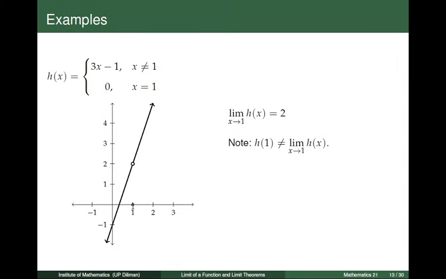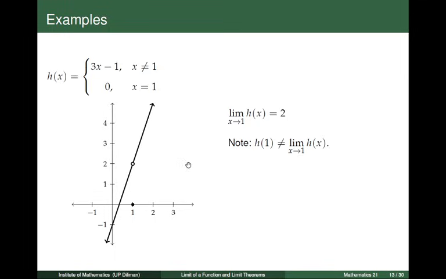As before, we can conclude that the limit of h of x as x tends to 1 is equal to 2 by looking at the graph or by considering x values getting closer and closer to 1 and their corresponding functional values. In this case, the functional values are getting closer and closer to 2.